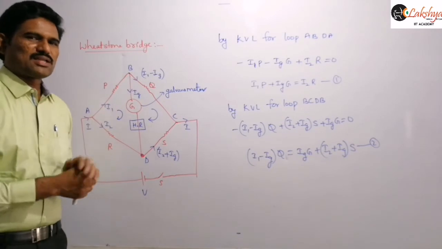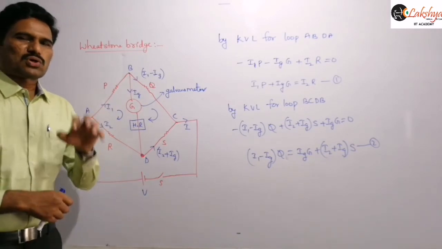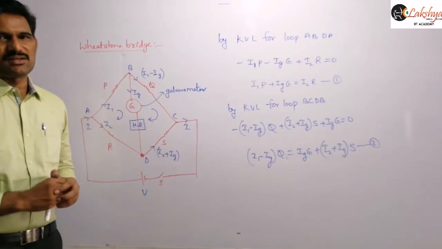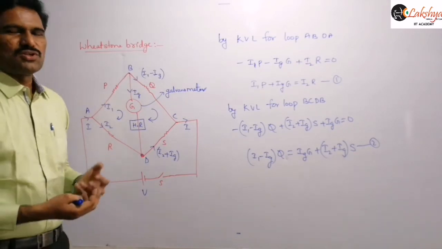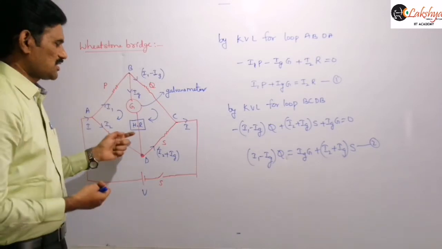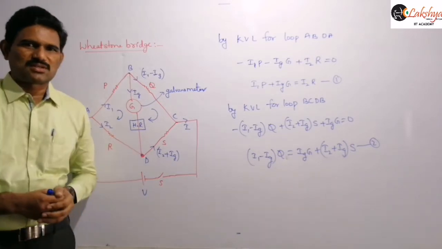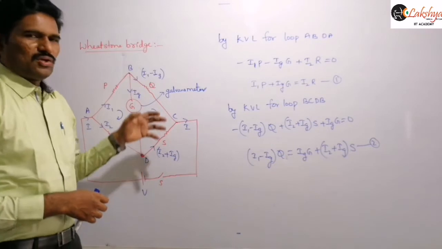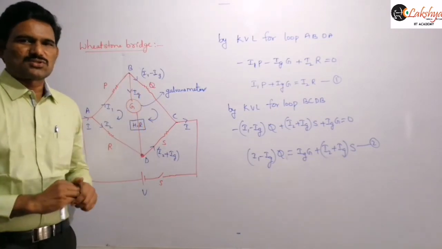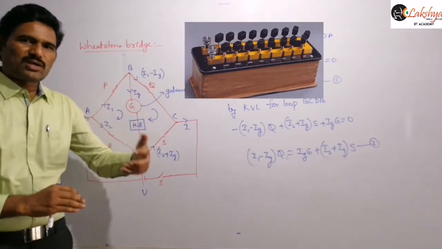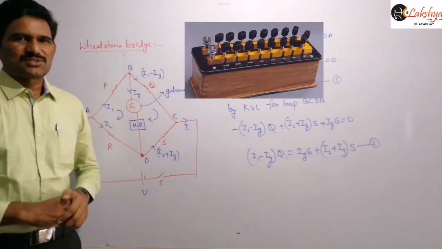The purpose of the high resistance box is to protect the galvanometer from high currents. When high current is flowing through the galvanometer, it will get damaged. So to protect it from high currents, we connect the high resistance box in series, right? Now, when you are reaching almost zero, the current is already reduced. So to get the values more accurately, we remove this high resistance box.